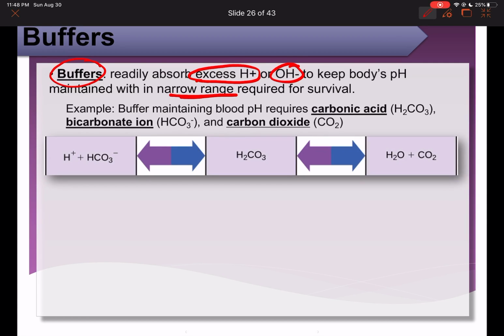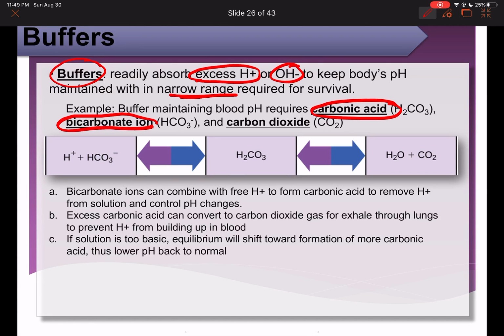So for example, there is an important buffer system in our blood that we will talk about quite a bit in anatomy and physiology called the carbonic acid bicarbonate buffer system. It is one of the main systems that keeps the pH of our blood stabilized within neutral range. Now, how this buffer system works is that bicarbonate ions, so this is bicarbonate ion right here.